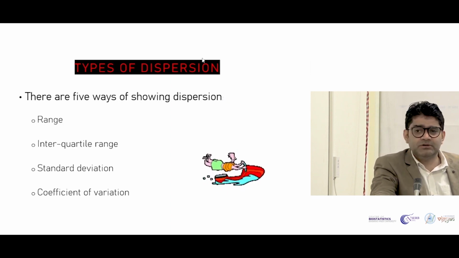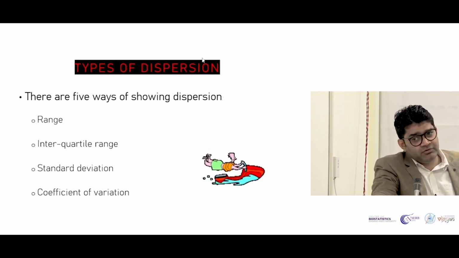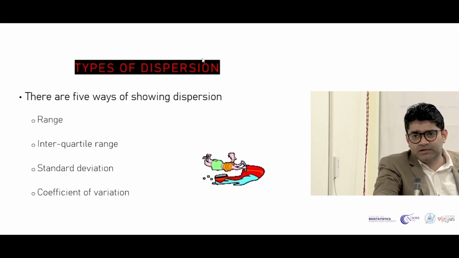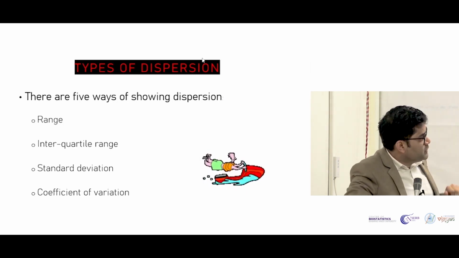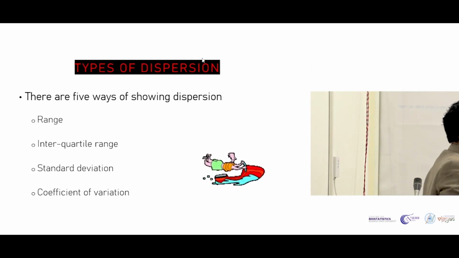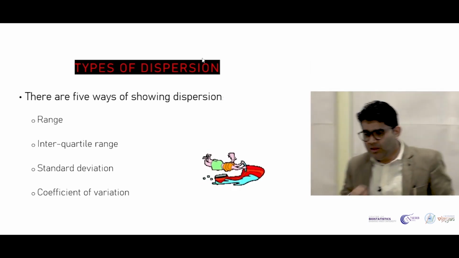Okay, because it depends on 2 values, and if those 2 values are not representative of your data, you will not get the exact dispersion. Second one, which we ideally generally use, is your standard deviation. Okay, we will come to this, standard deviation.